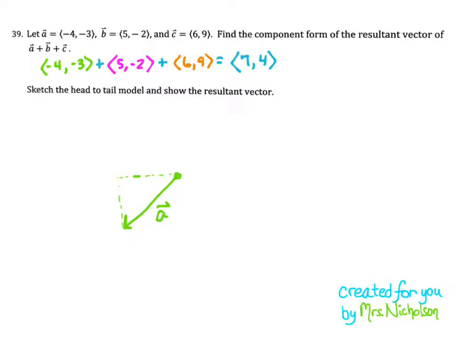Alright, vector B has the components 5, -2. Remember that if I'm adding vectors, then the next vector begins where the first vector ended. So from this point here, I'm going to start, and I'm going to go 5 units in the positive direction and 2 units in the negative direction.